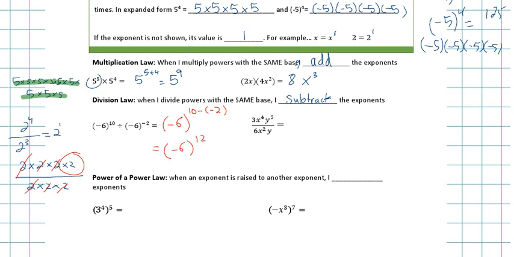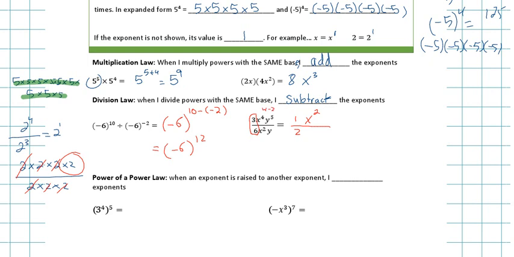Okay, let's start with the numbers. How can I simplify 3 over 6? Because they're both divisible by 3, I can simplify them as 1 over 2. For the x's, I have 4 minus 2. So what do I get? X squared, because I'm subtracting 4 minus 2.